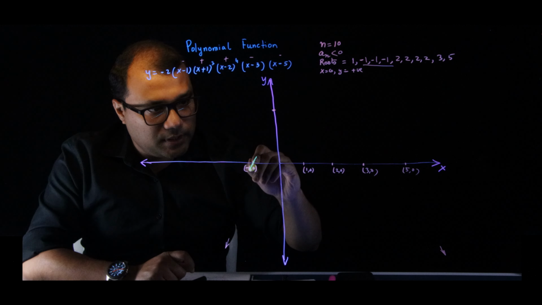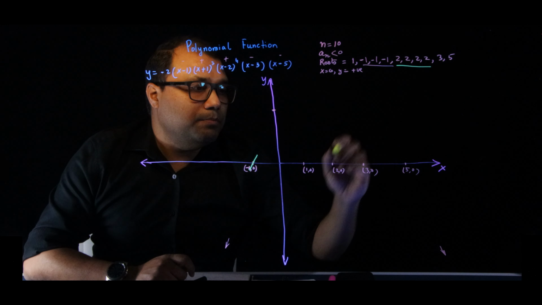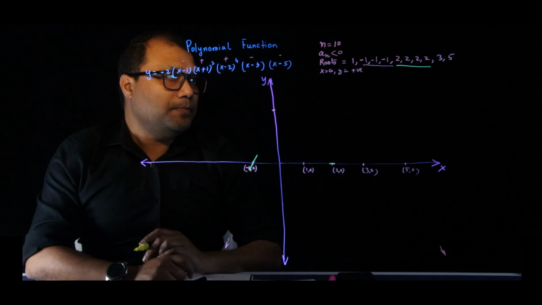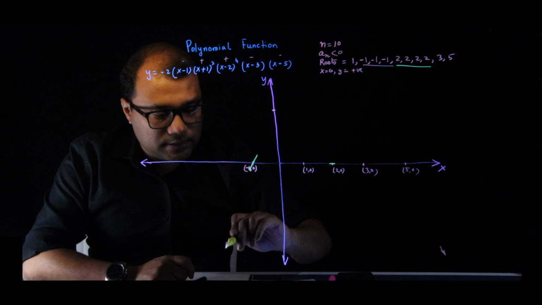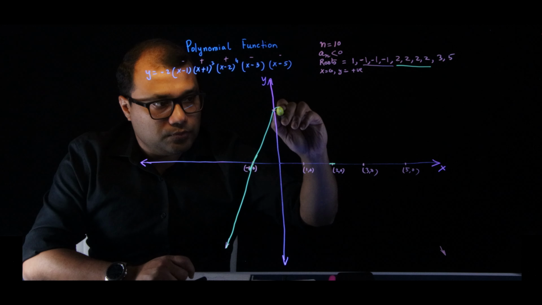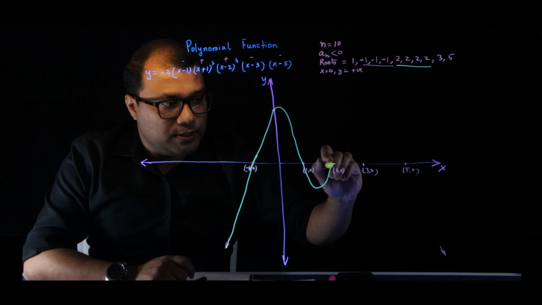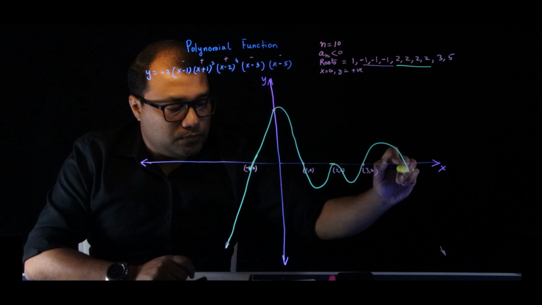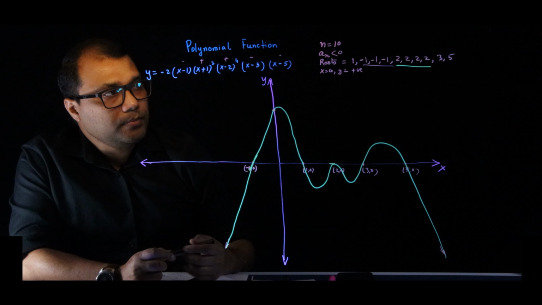So it will cross minus 1. 2 is repeated an even number of times, so it will touch 2 comma 0. So the graph will be somewhat like this. It will cross this point, it will go through this, it will go through this. It will touch, it will go through this, it will go through this and go like this.